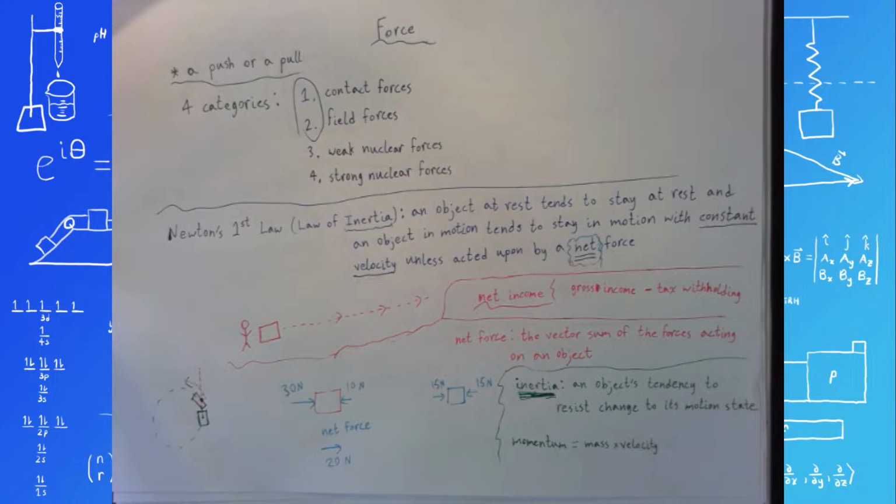If you're walking in a sort of downhill direction, that's inertia. Well, it's inertia and it's also acceleration from gravity. So yeah, inertia is an object's tendency to resist change to its motion state, and objects exhibit more of this behavior the more mass they have.